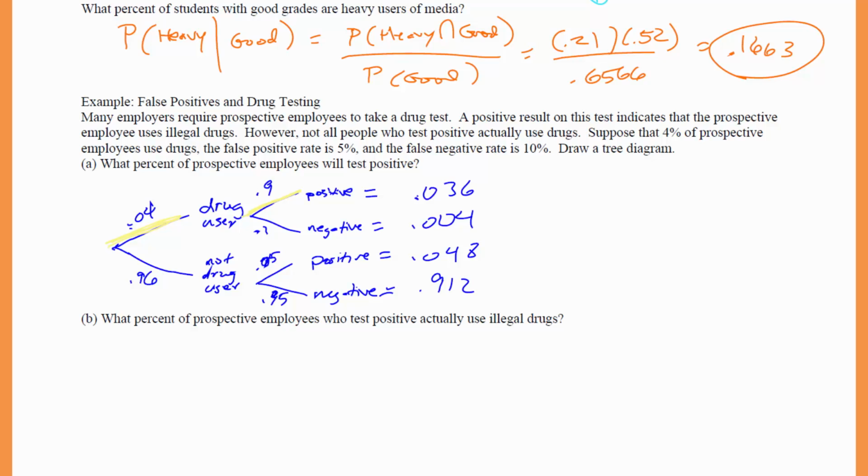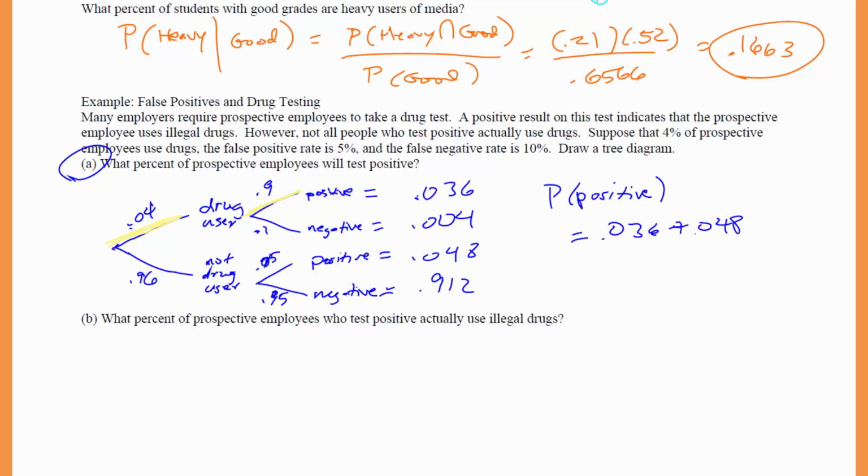What do all 4 of those numbers add up to? All 4 of those numbers add up to 100%. Because those are the 4 different categories overall that one of these prospective employees could fall into. So the question for part A is, what percent of prospective employees will test positive? The probability of testing positive is going to be 0.036 plus 0.048.